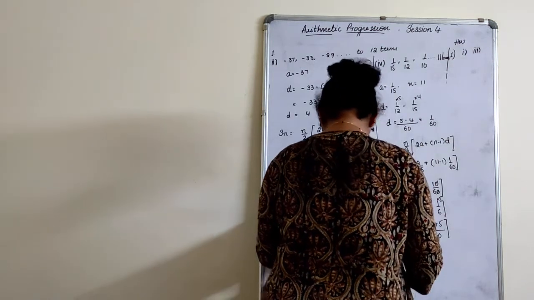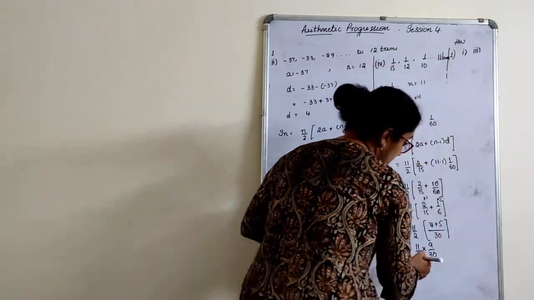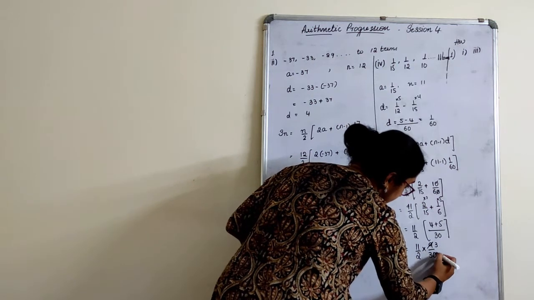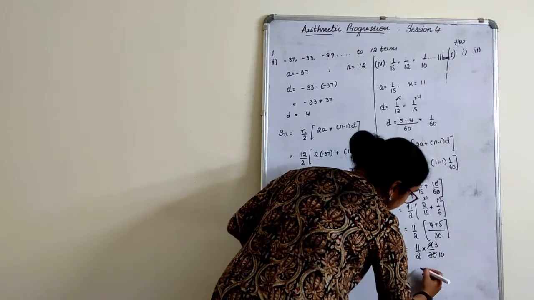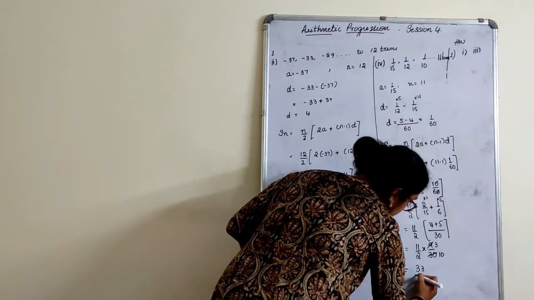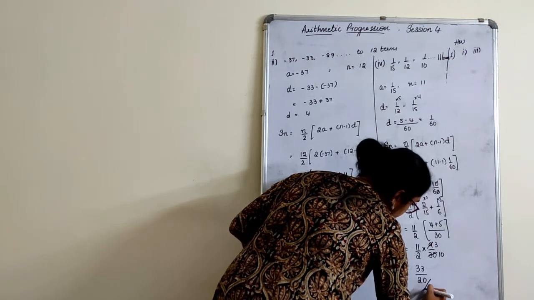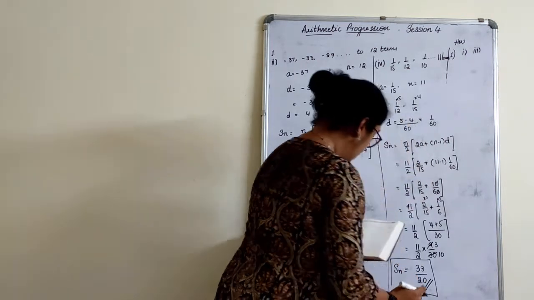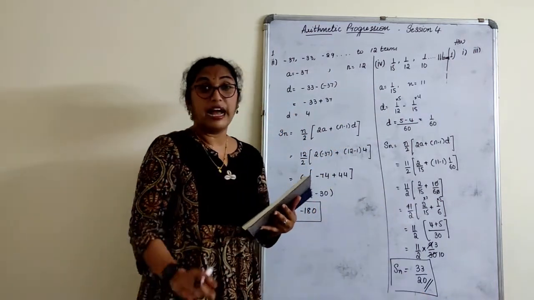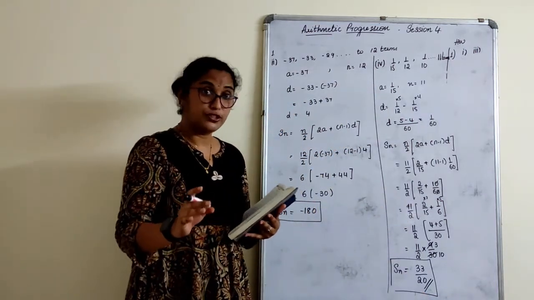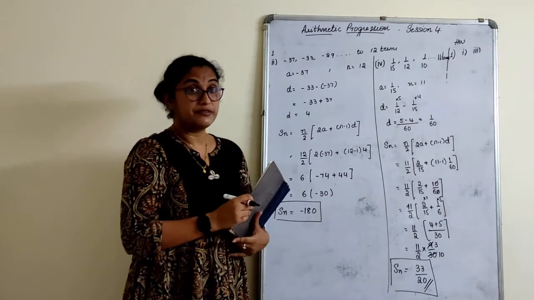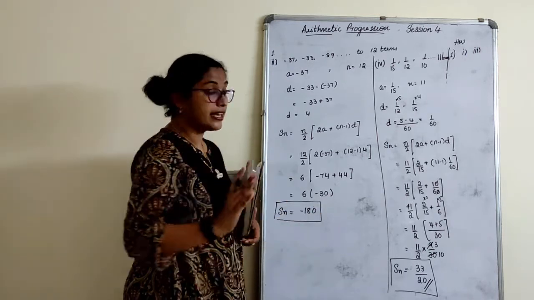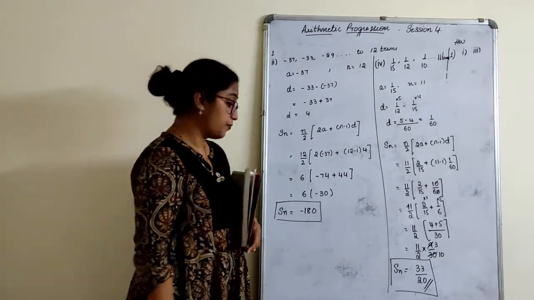Now can you cancel 9 by 30? 3 3s are 9, 3 10s are 30. 11 3s are 33, 2 10s are 20. 33 by 20 is the answer, and you can keep it in fraction. You need not divide and keep that in decimal. This can be your final answer here.